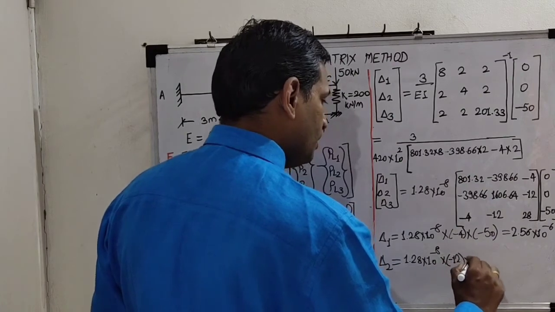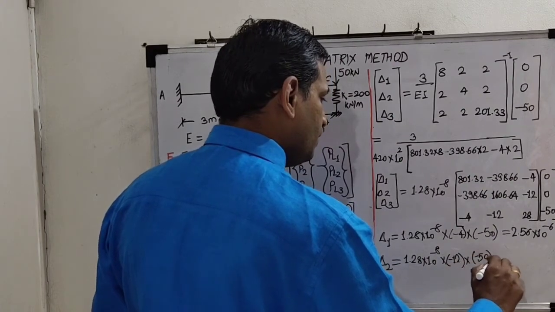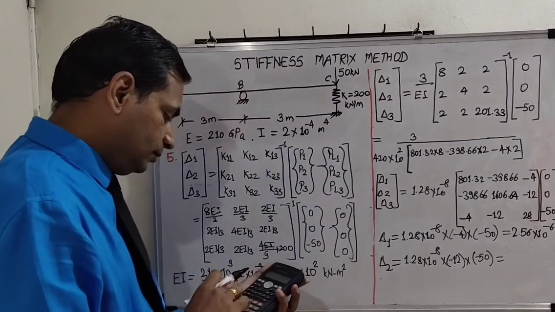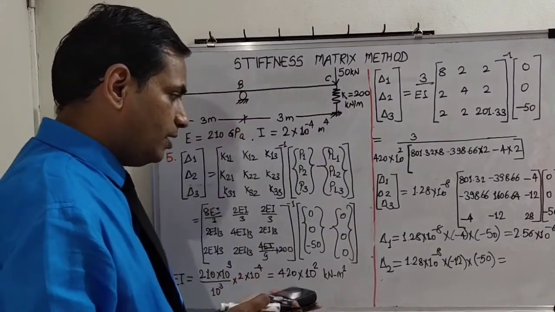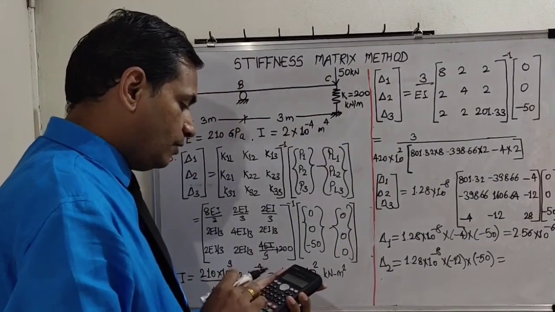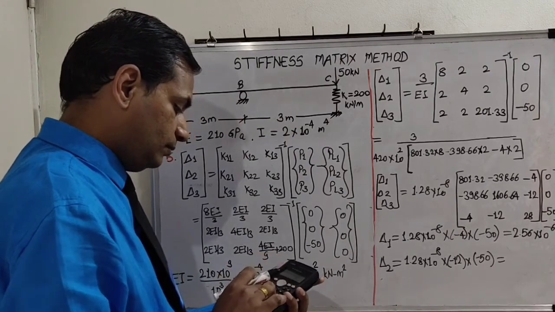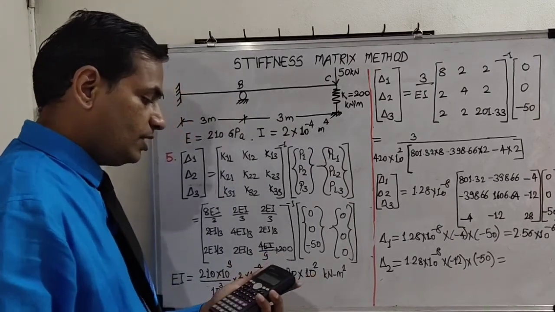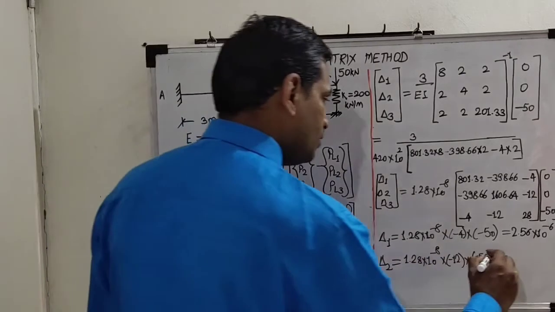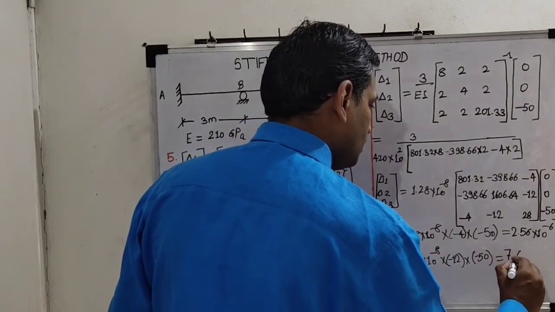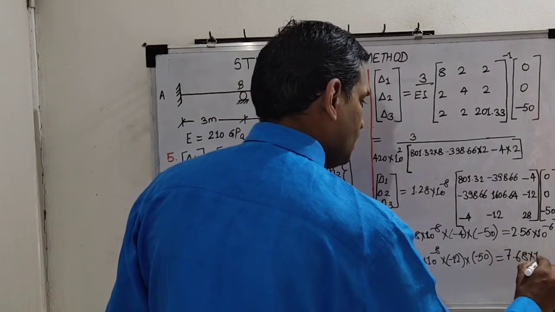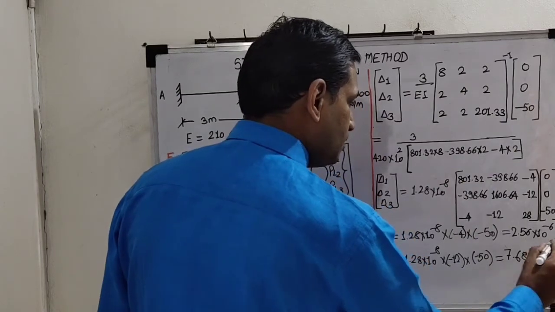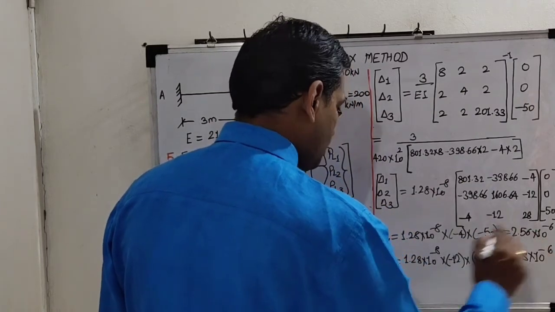So 12 into 50 into 1.28 into 10 raised to minus 8. How much? 7.68 into 10 raised to minus 6. So these are theta B and theta C.